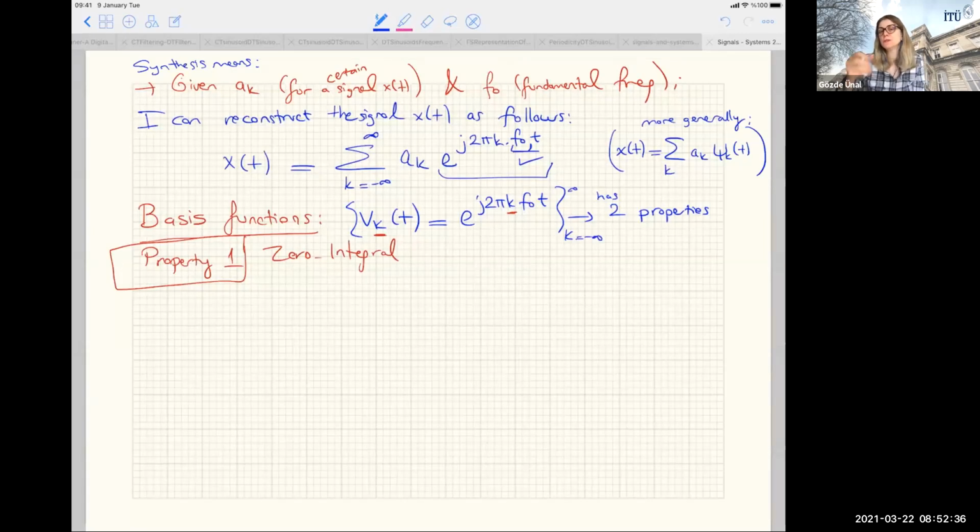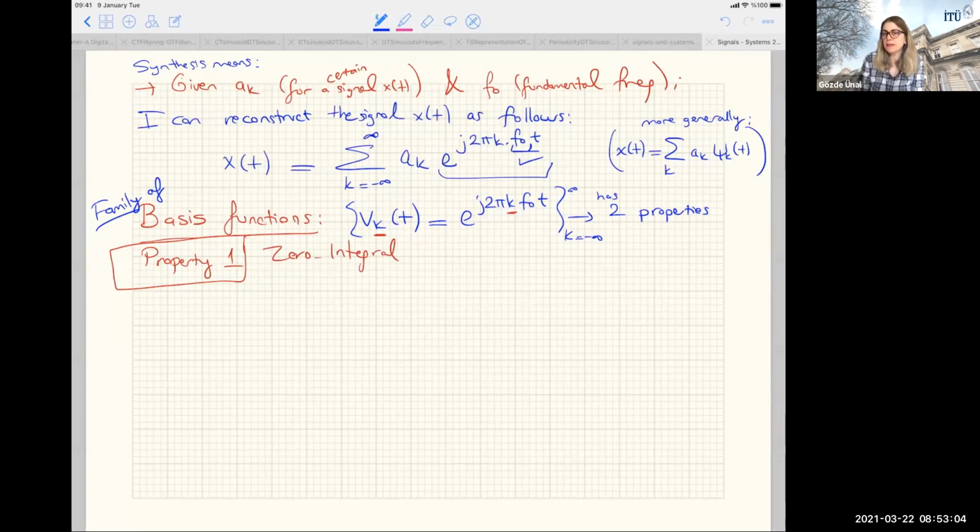You could be just working with a finite number of them. This index varying from minus infinity to infinity creates an infinite set of basis functions. With each k, you get a different sinusoid oscillating at a different frequency.